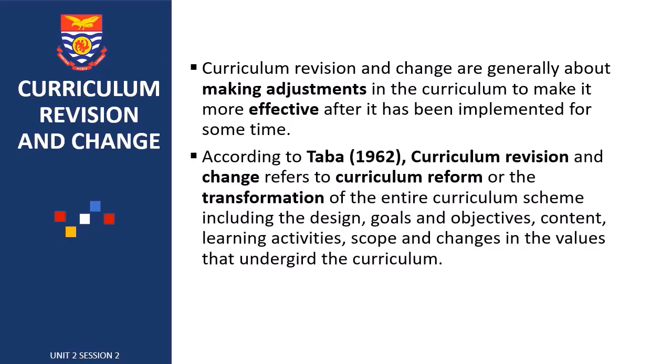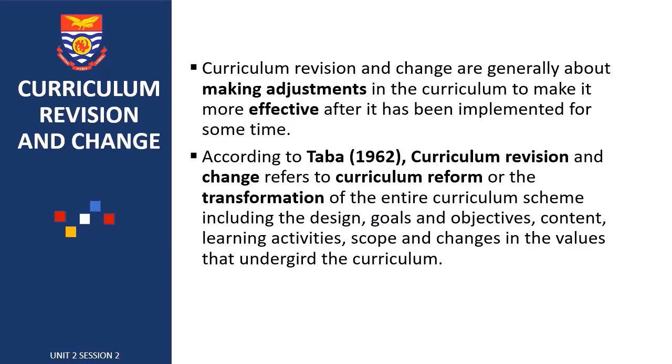According to Taba, curriculum revision and change refers to curriculum reform or the transformation of the entire curriculum scheme, including the design, the goals and objectives, the content, the learning activities, scope, and the changes in the values that undergird the curriculum.